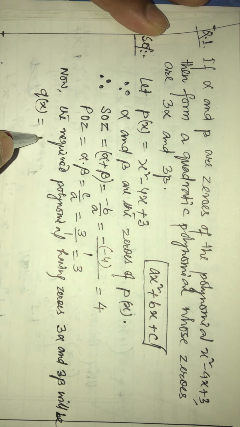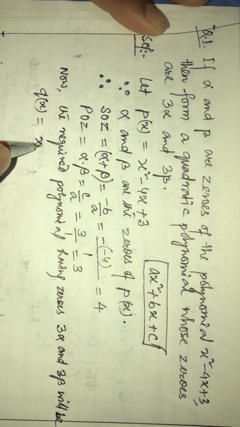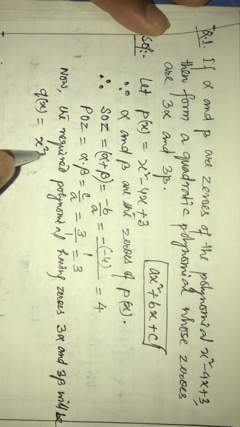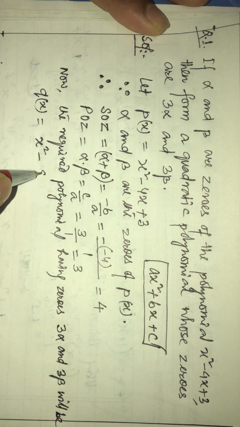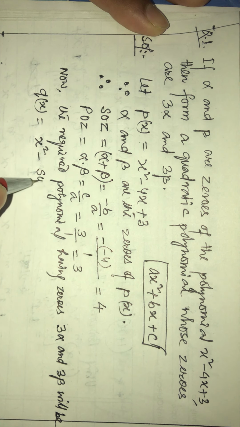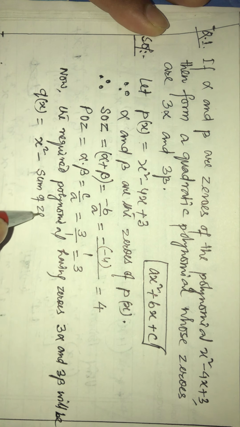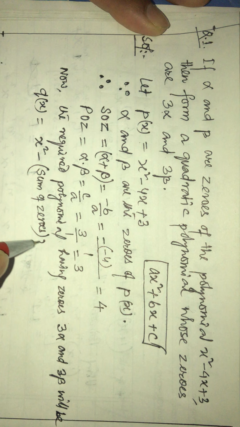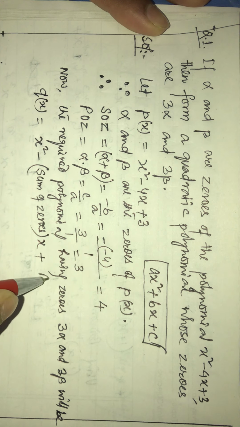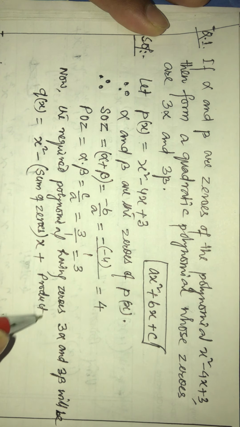So we know that the formula or rule is x square minus sum of zeros times x plus product of zeros.